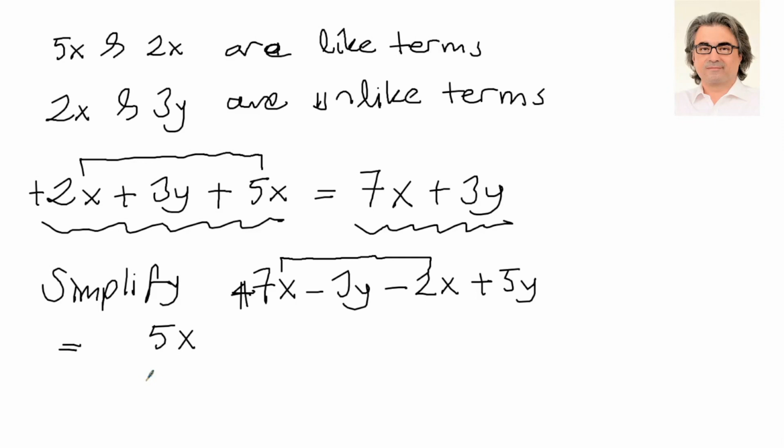Let's come to the second one. The second one is 5y and minus 3y. They are also like terms. Plus 5y minus 3y. Plus 5 minus 3. They have opposite signs. So the difference between them is 2, and the sign of 2 is the sign of the greater one, the sign of plus 5. So right here plus 2. Of course, don't forget to write y.